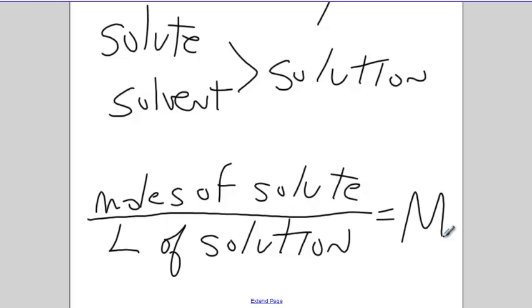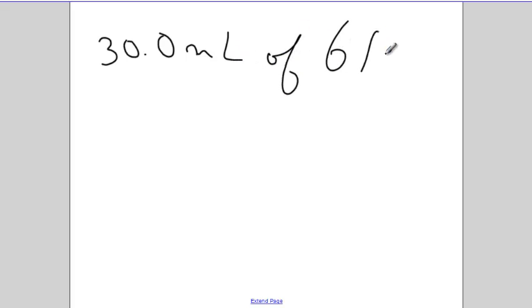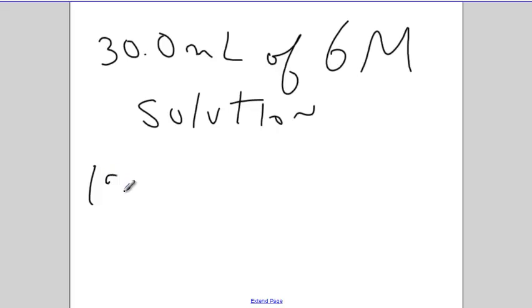There are several ways we can use molarity. One of the most important is to use it in stoichiometry. Just like, remember, we did this in the lab, the precipitation lab. If somebody says to you they mixed 30 milliliters of a 6 molar solution, then you would say, oh, that means 0.030 liters, because remember my definition involved liters, not milliliters, and 30 milliliters is 0.030 liters.